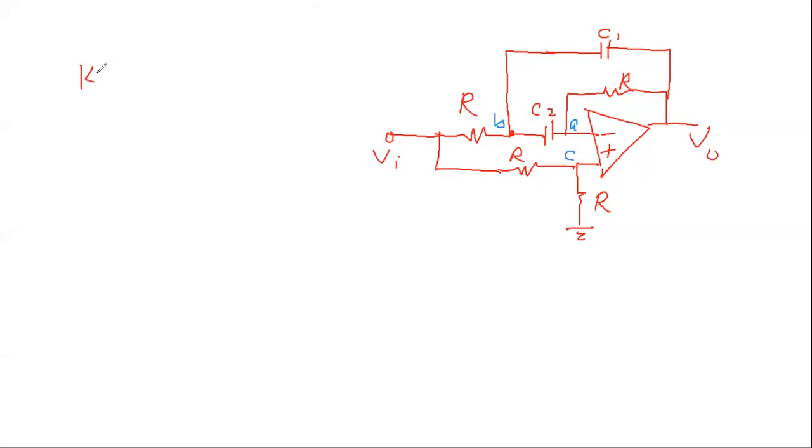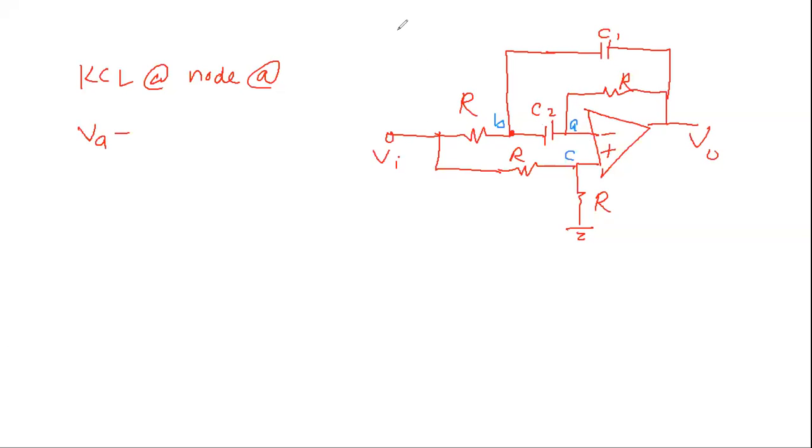So start KCL at node A. How to do KCL at node A? Someone tell me. The summation of all currents is 0. Can it be VA minus Vin over R, from here all the way here? How much is the current through C2?